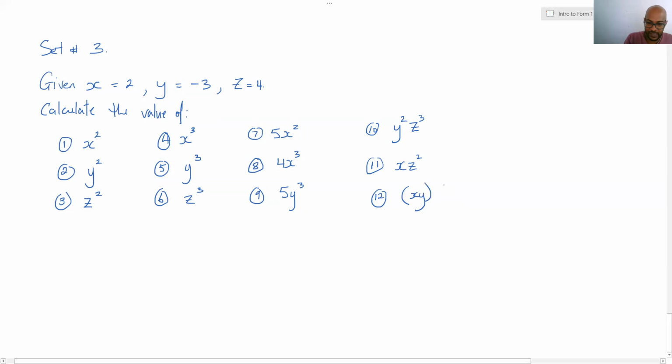Remember, it's always look inside your brackets first. Right? Always look inside your brackets first.